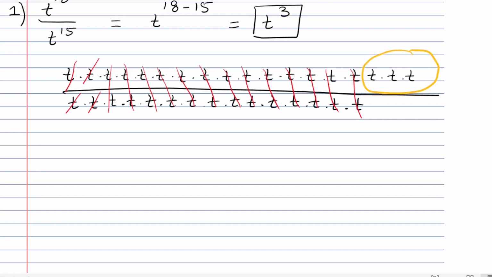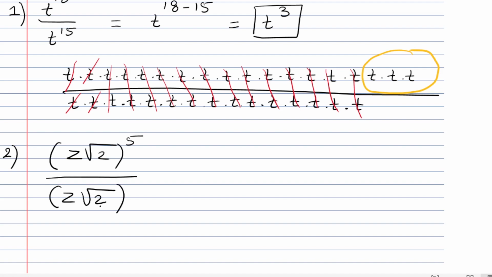Now let's solve the second equation, which is square root of 2 raised to 5 divided by square root of 2. Here, for this one, we don't have any exponent.